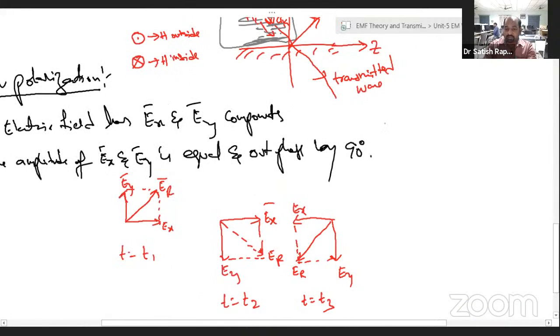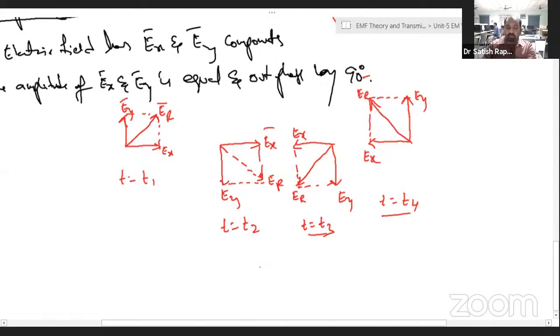Similarly, at t equals t4, again we have this is Ex and this one is Ey, then the resultant electric field ER, at t equals t4.